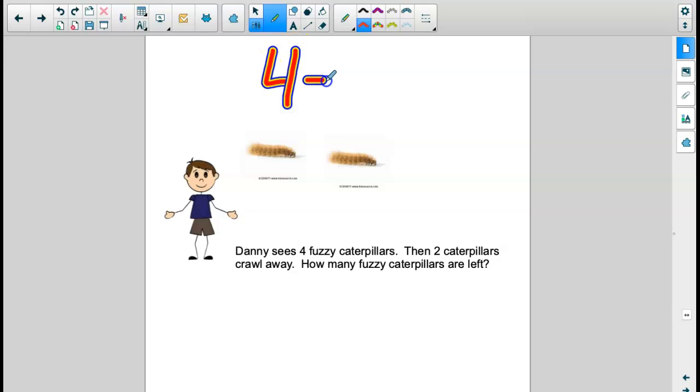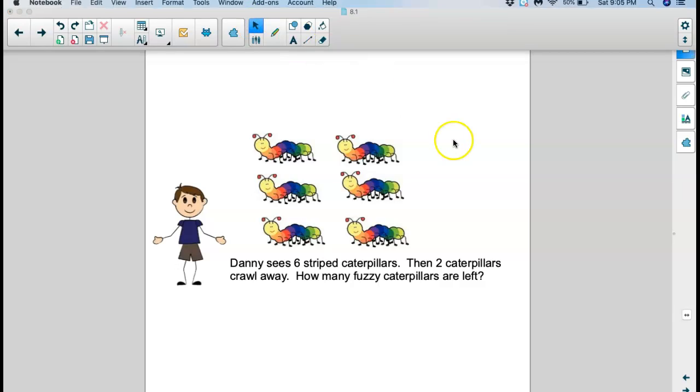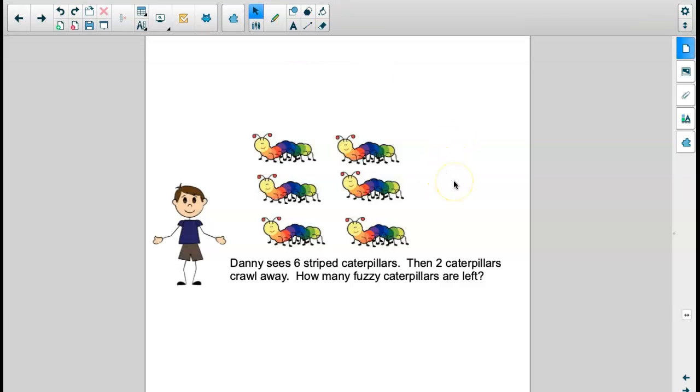Some of them went away like they do in all subtraction problems. How many went away? Right. How many are left? So you see, this is the opposite of addition. In addition, our groups are growing. Subtraction, they're shrinking.